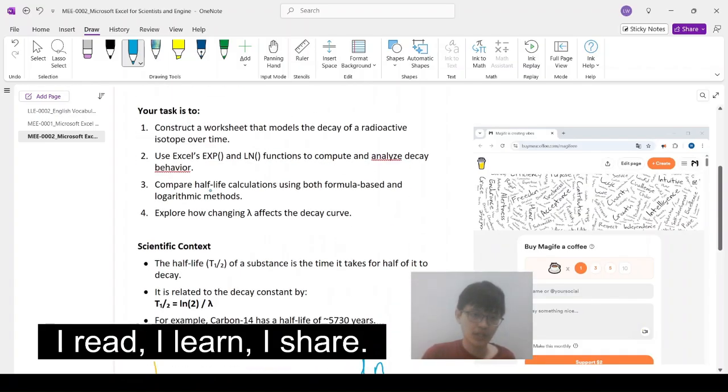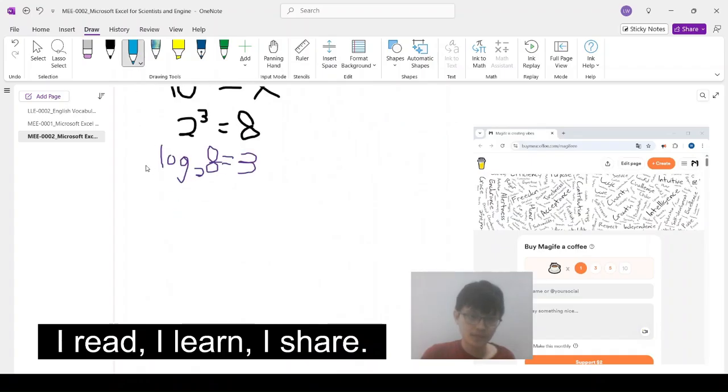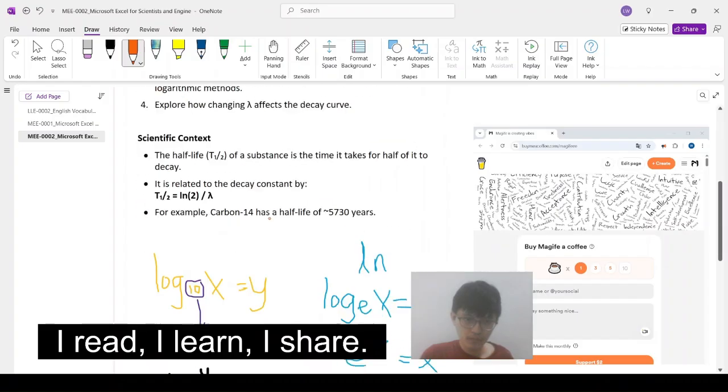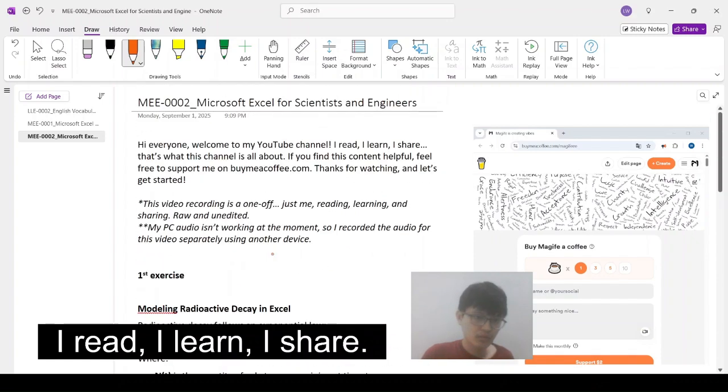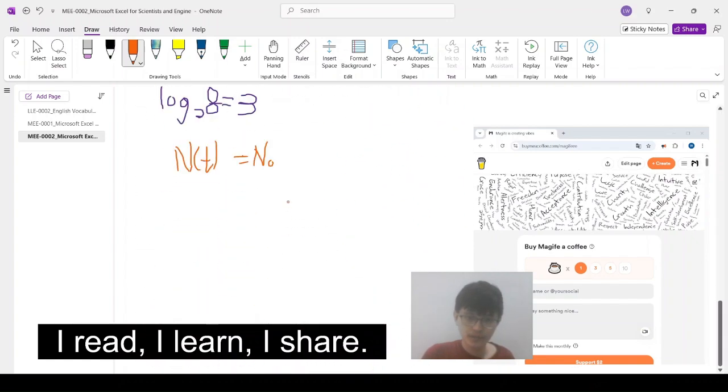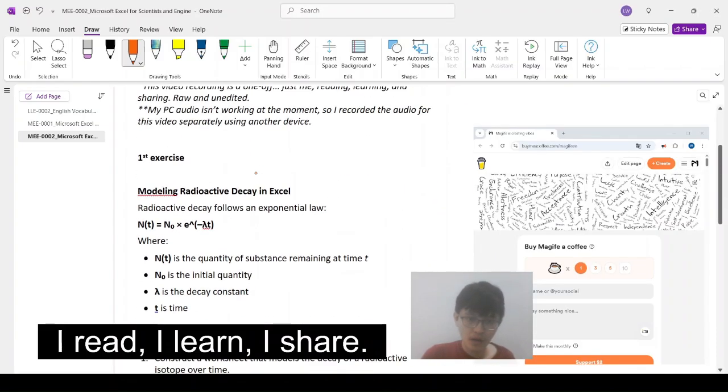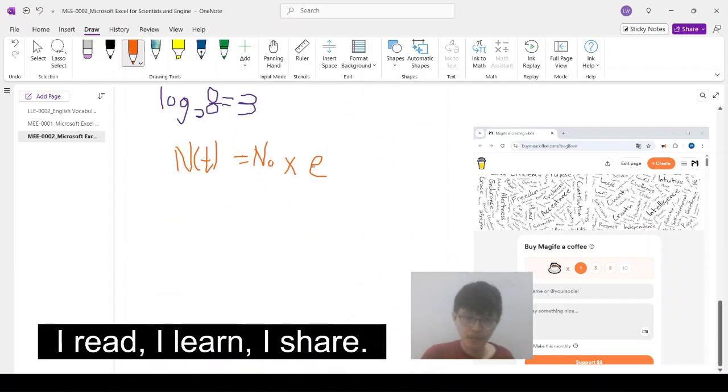So basically the radiation decay equation is N(t) equal to N0, which is the initial quantity, times e to the power of minus lambda t.